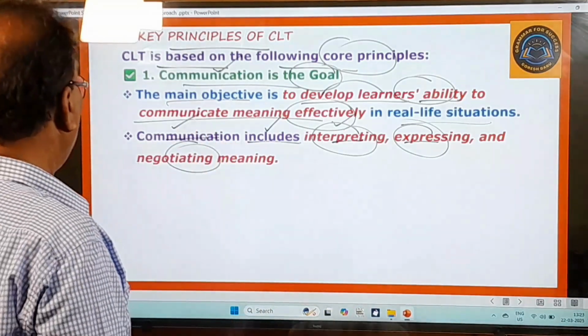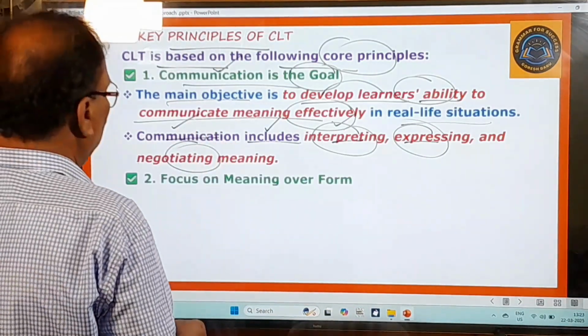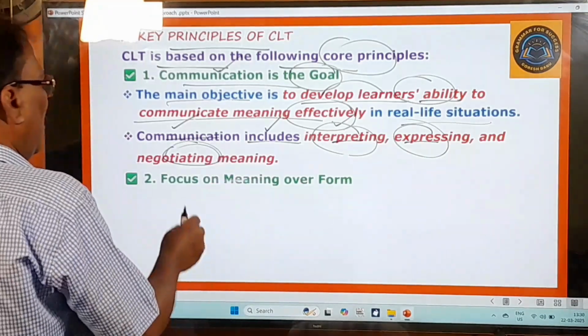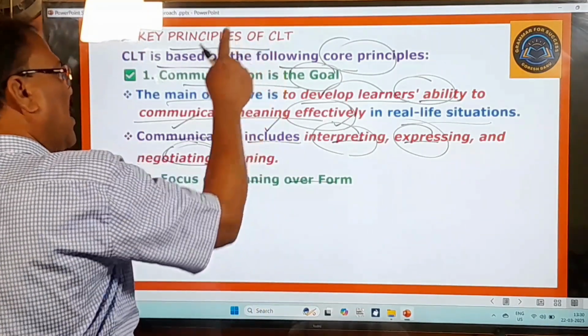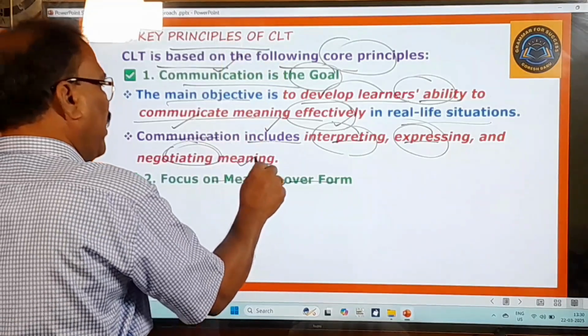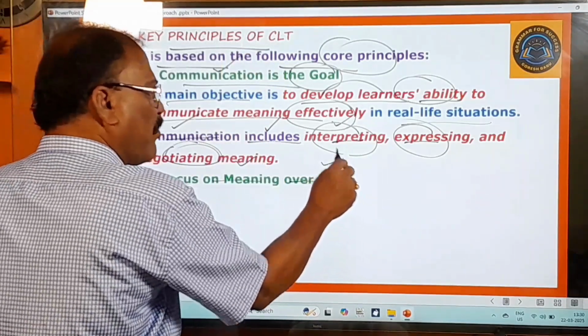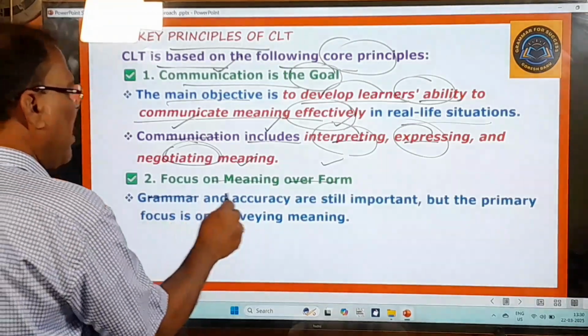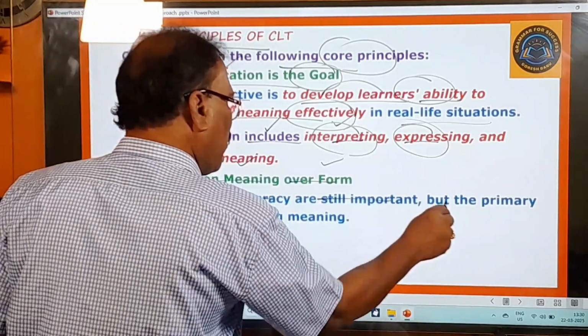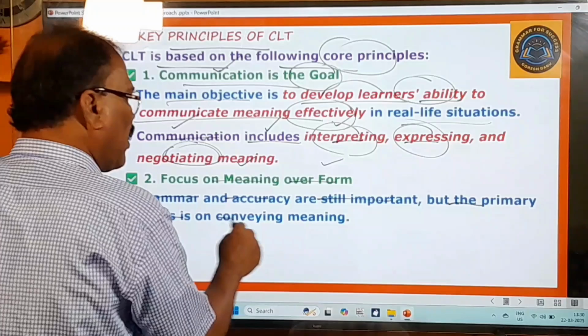Okay, and now you move on to the next important characteristic of CLT. Focus on meaning over form. That means this CLT gives top priority to meaning rather than to form. How? Here details are given. Grammar and accuracy are still important, but the primary focus is on conveying meaning.